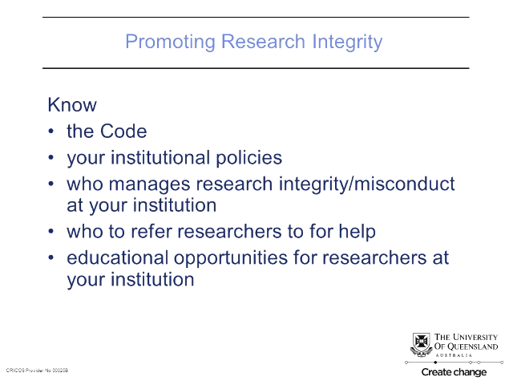Know who manages research integrity or misconduct investigations at your institution. Following on from that, know to whom you should refer researchers for help, and maybe even be aware of the educational opportunities for researchers at your institution, so that again you can say, hey, have you thought about doing this course in data management? Like our library runs a course for researchers in data management, for example. Or there might be ethics courses that can be undertaken.